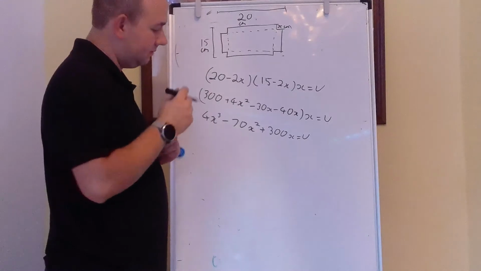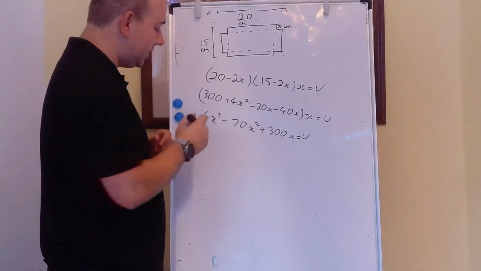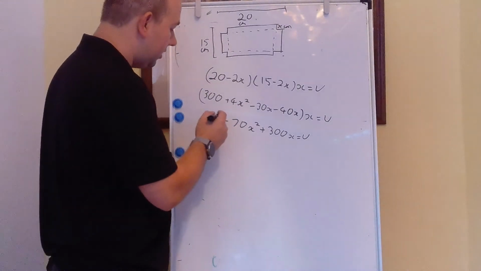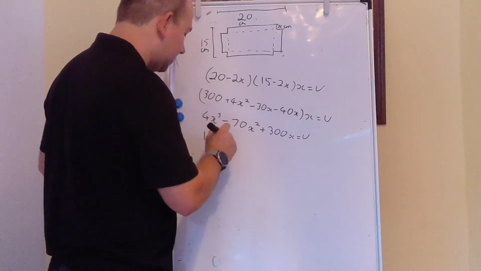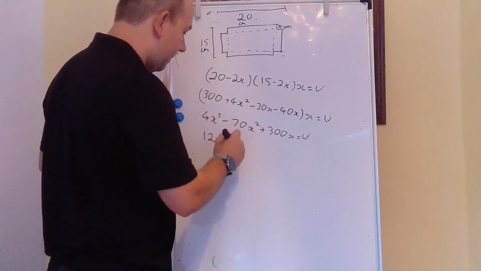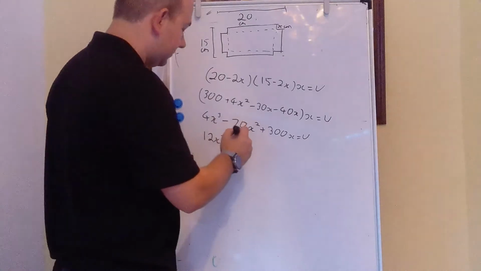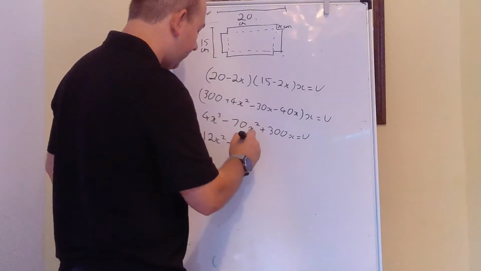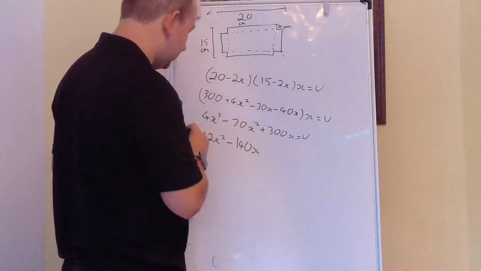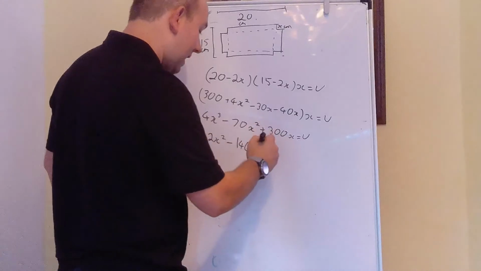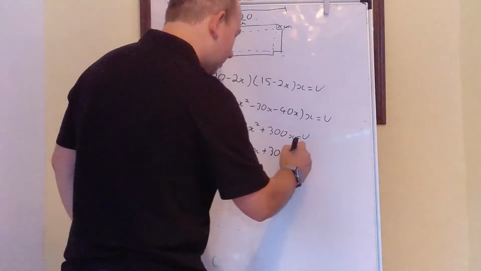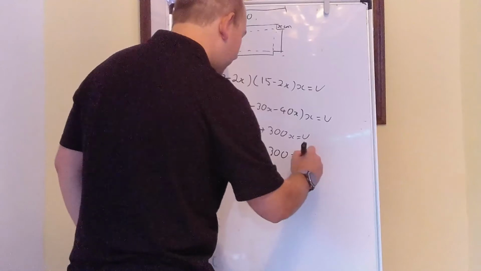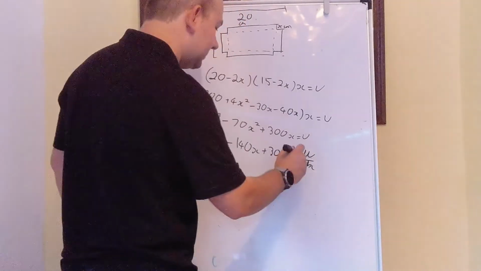So the differentiation of this, we're going to go 12x squared minus 140x, plus 300 is equal to dv by dx.